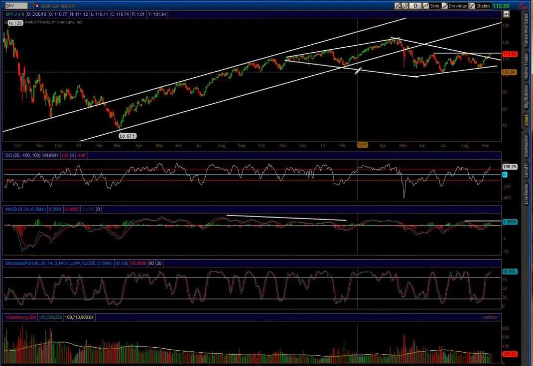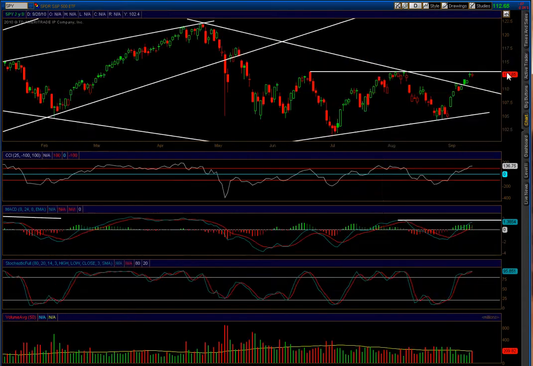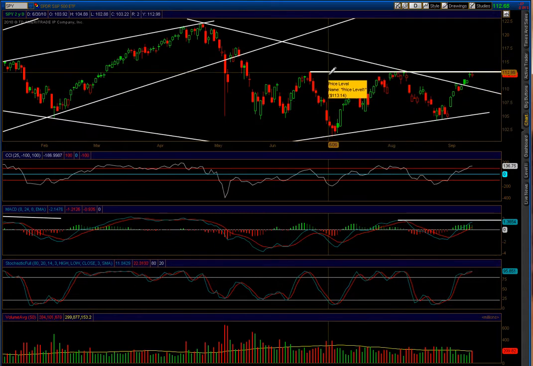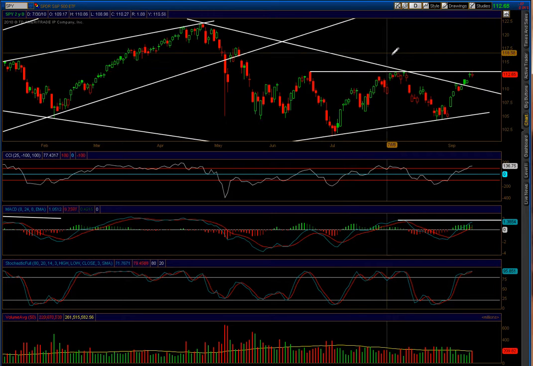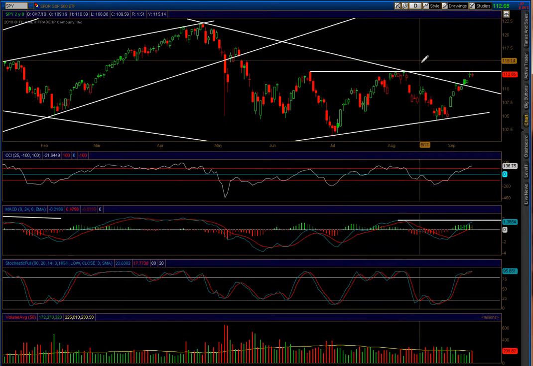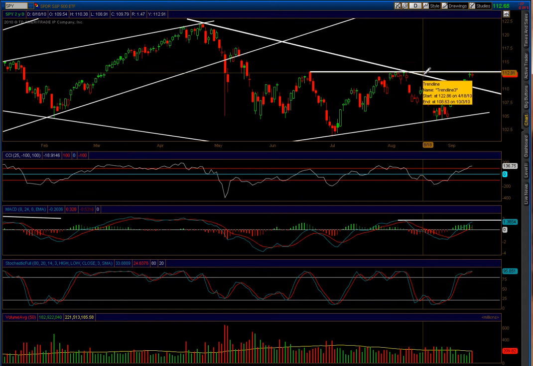Let me zoom in on this resistance area, this line right here, around 112, 113, which on the S&P 500 is going to be 1130, 1131. It's a really strong resistance, which means it's holding the price down.